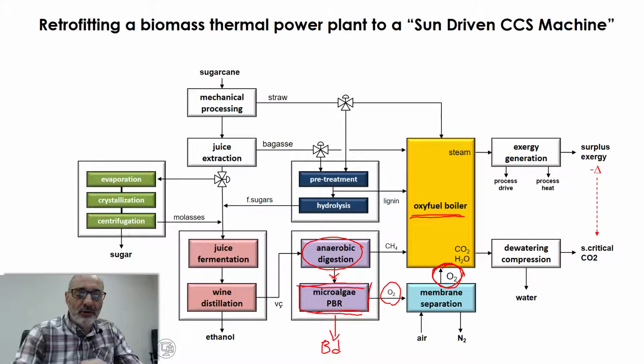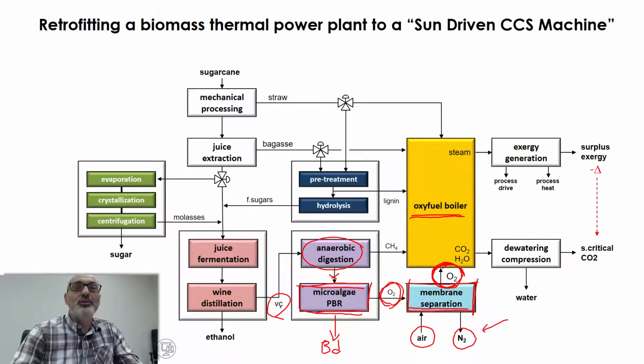So you need O2 for your oxy-fuel process. You can obtain O2 from vinasse, but that's not enough, so you have to get that from the atmosphere. So you need a separation process which takes air, separates oxygen, and emits N2.